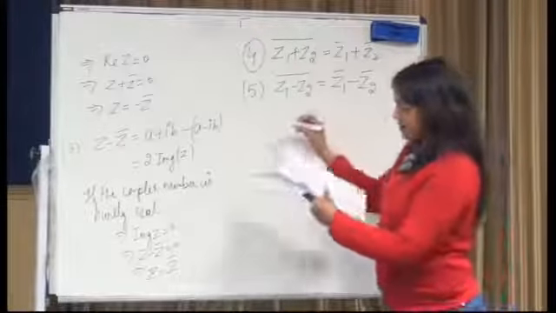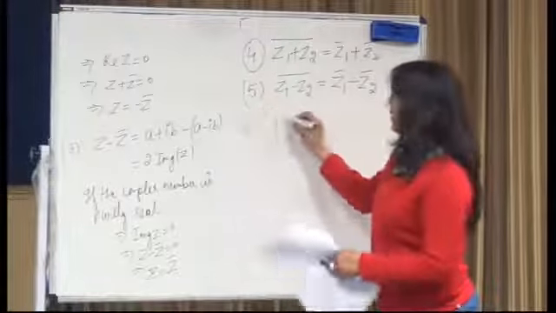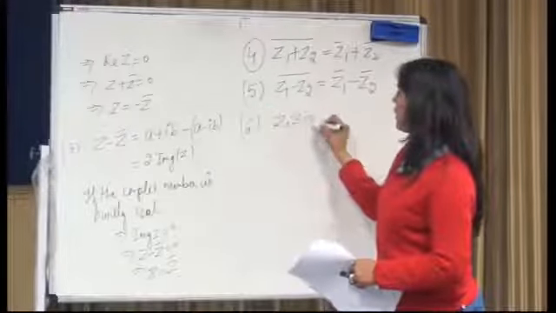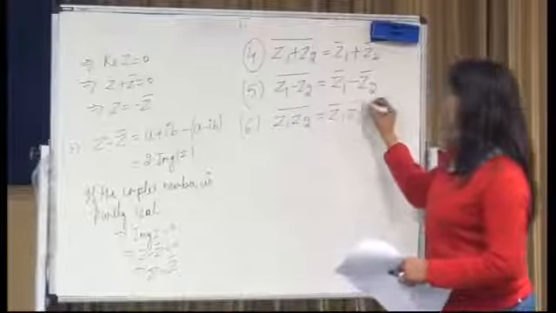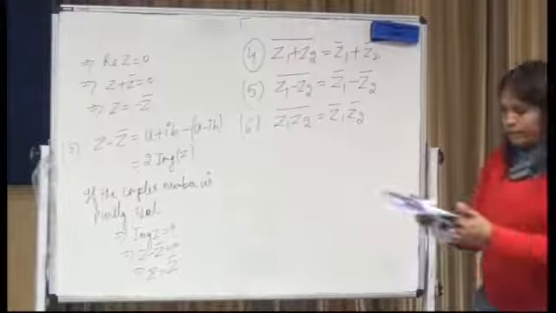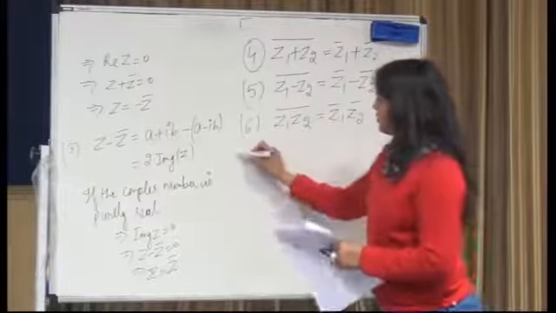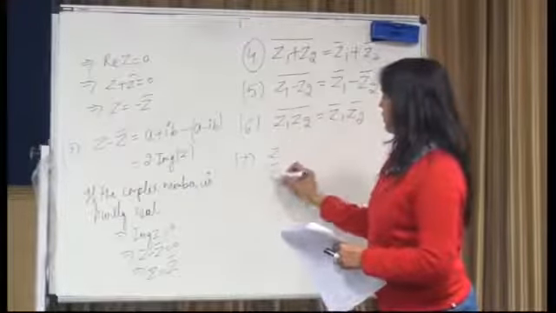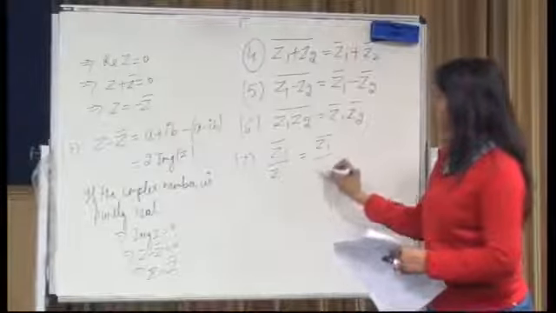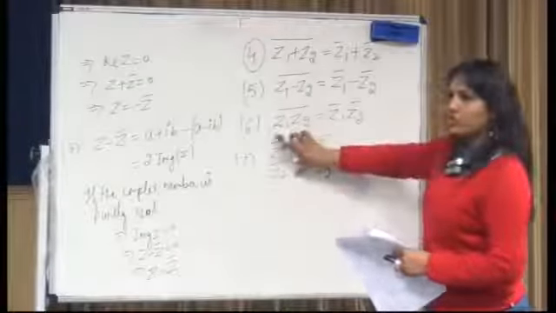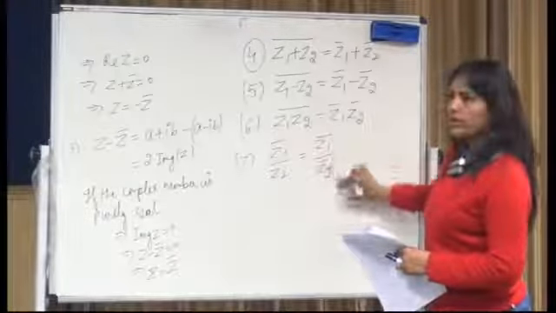Fine. So the sixth one is for the product. For the product also, you just take the separate conjugates and you multiply. And for the division, that is also a simple one. You take the conjugates and you divide.